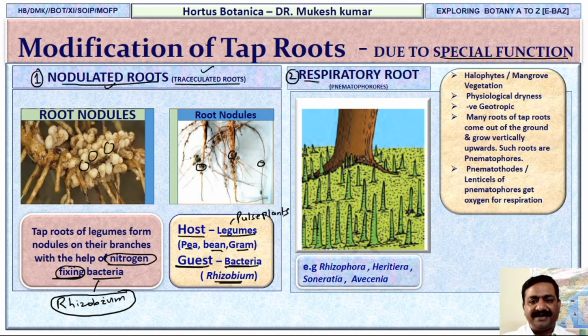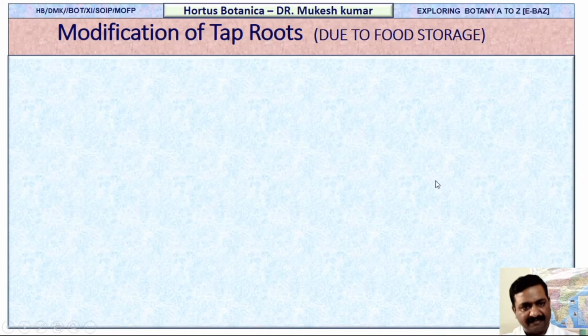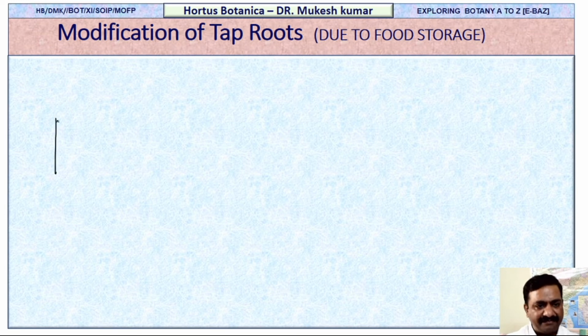This is the respiratory root. They have pneumatophores. Now try to understand it. We have this plant, and it has water, and apart from that they also have a high concentration of salt. This condition is called saline.